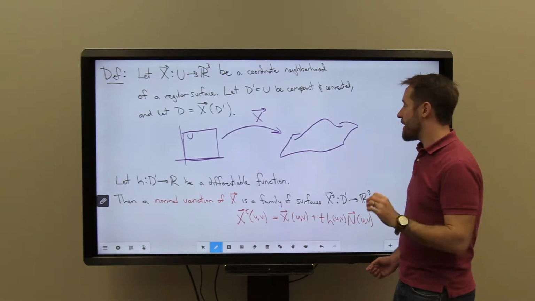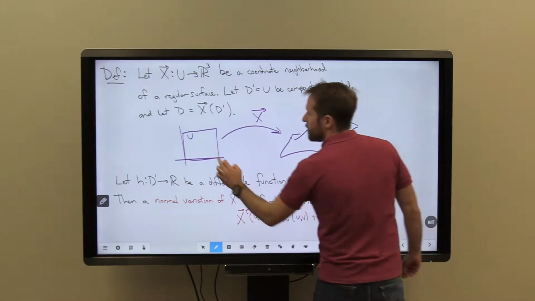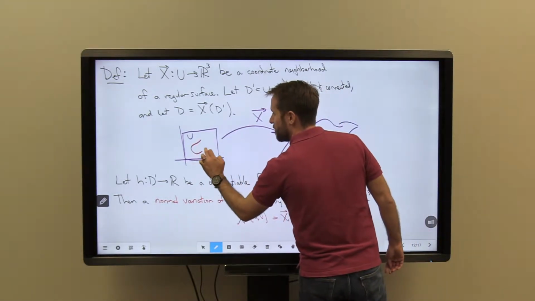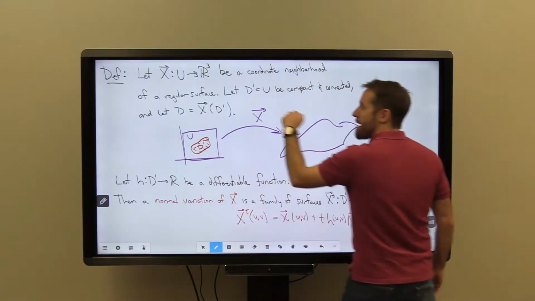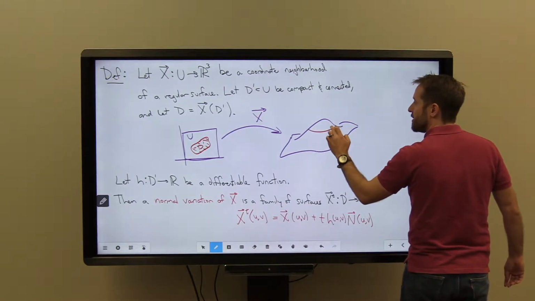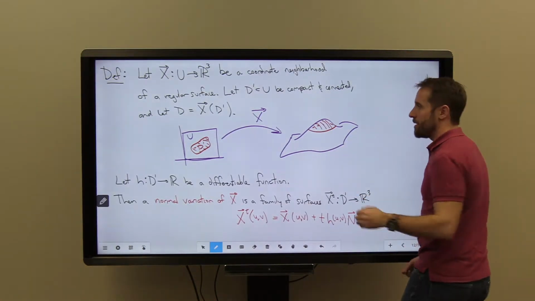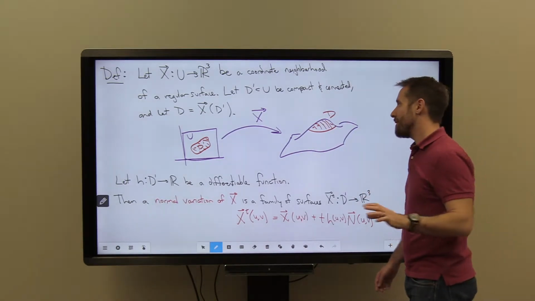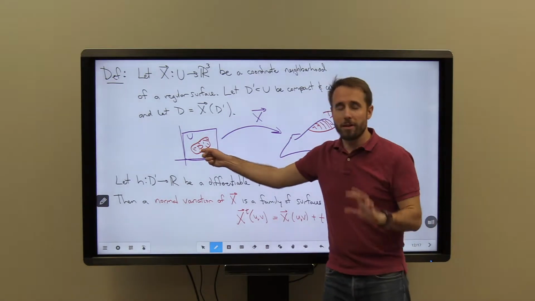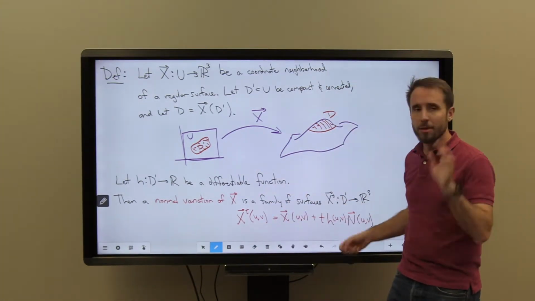What I'm going to do then is define a subset of this. So maybe my D prime will be this region here. That's my D prime. And when I map over here, I'm going to get a certain subset of my surface over here, which I will call D. So that's the image of my D prime. So I have a certain region over here, it's compact, it's connected, and this is its image over here.